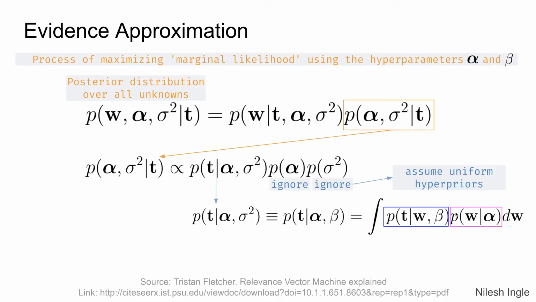And then we have the second term, which is this one. This can be rewritten as shown here, and within this term then the probability of t given alpha and sigma is equivalent to the probability of t given alpha and beta, and that is the integral of the product of the probability of t given w and beta and probability of w given alpha. And we'll see how each of these two terms are then calculated.